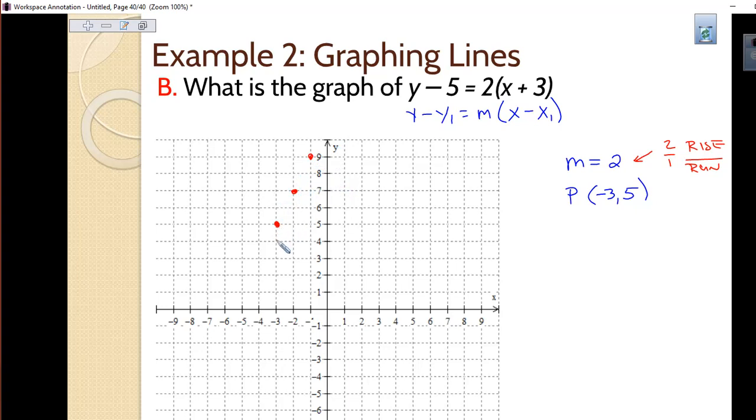From here I'm going to go down 2, left 1. Down 2, left 1. And then we have a pretty good idea of what our graph looks like. So then you just take your straight edge and you graph it and you can see what the graph should look like. It's got a positive slope, so once again notice it's going from left to right, it's going up to the right.